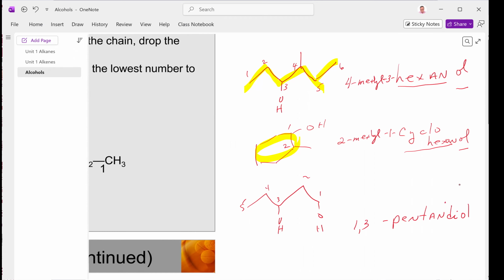Now, the challenge comes in, well, what if we have both of them? Then you'll end up with an enol. And that's frequently found in nature, when nature wants to move one thing to another, they'll go through an intermediate. Frequently, they are enols.